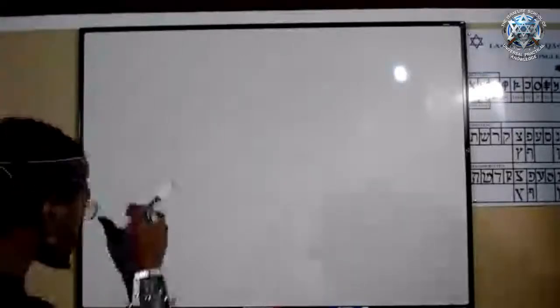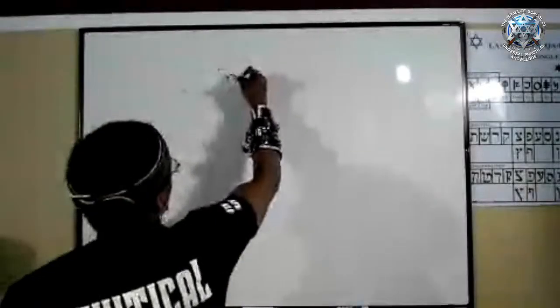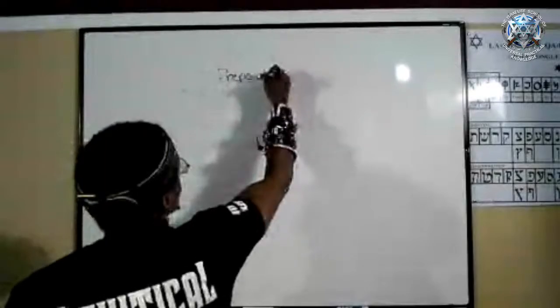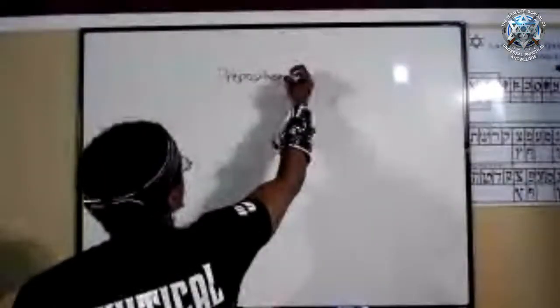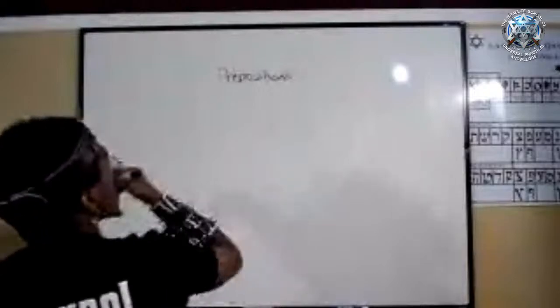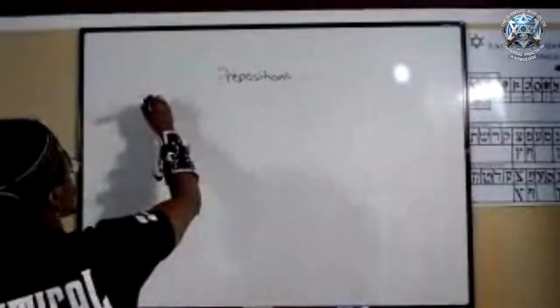Next, what we'll do is we'll go over our prepositions, starting with ba.